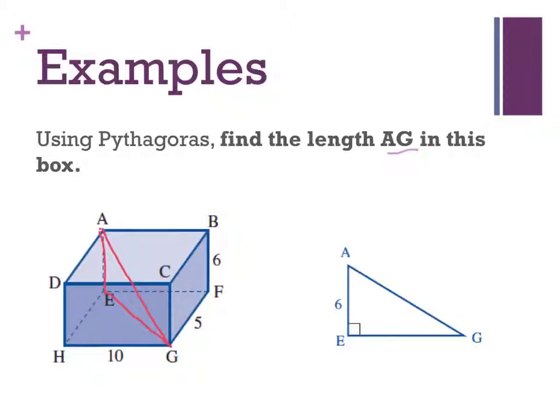When I look a bit more closely, I realise that there's a right-angled triangle that goes along there, and it also shares that E to G side. I know that one side of this triangle is 5, and I know the other side's 10. So I will be able to use this other triangle to find E to G. Then, once I've done that, I can use that answer to get A to G.